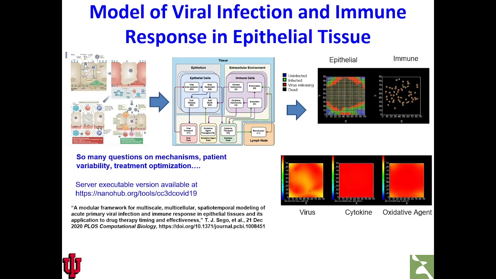Again, this will also be in the video description if you'd like to go check that out on NanoHub. But this is just to demonstrate that we can also use CompuCell to do infection and immune response modeling. So a lot of different things we can do with CompuCell using the same underlying algorithm, which we will talk more about on day one of the actual workshop.